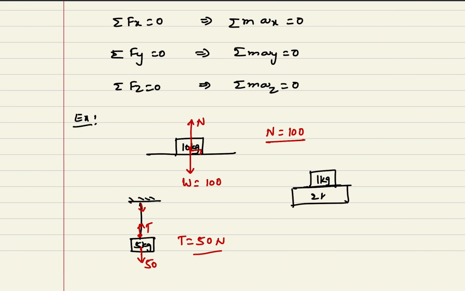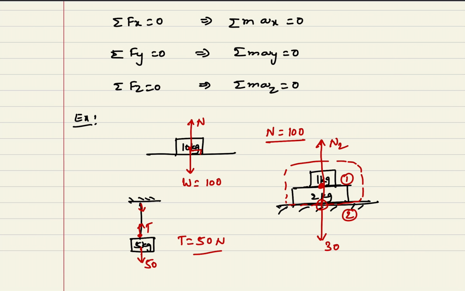Similarly, if I take a 1 kg body kept here, placed on a 2 kg body, as the system is at rest, there is one contact here and a second contact here. How will the forces be acting here? The second body is actually pushing the entire weight. N2 is in the upward direction.